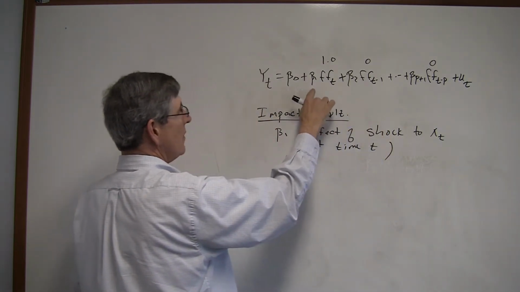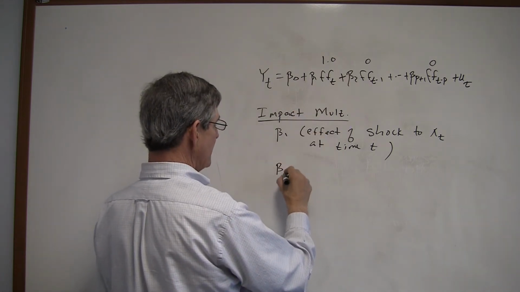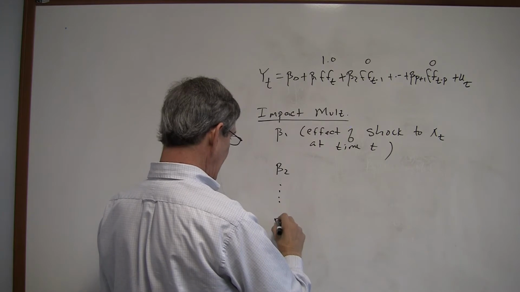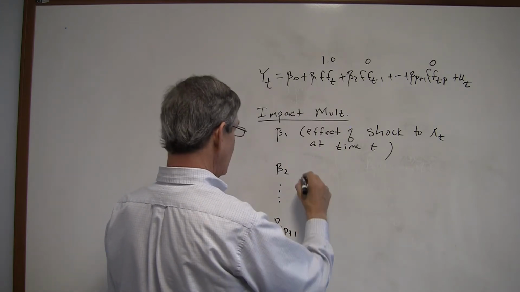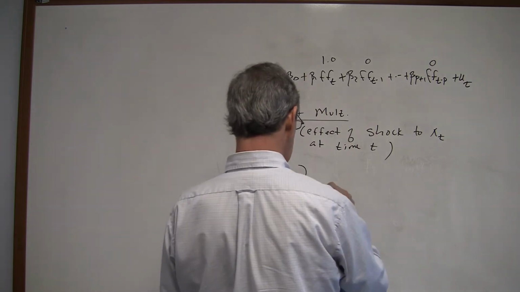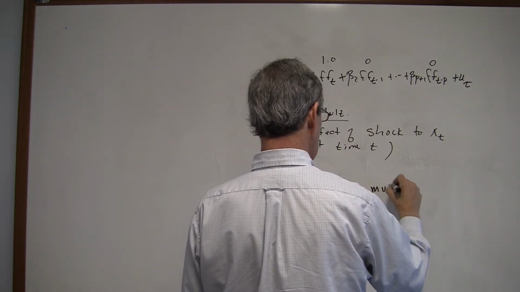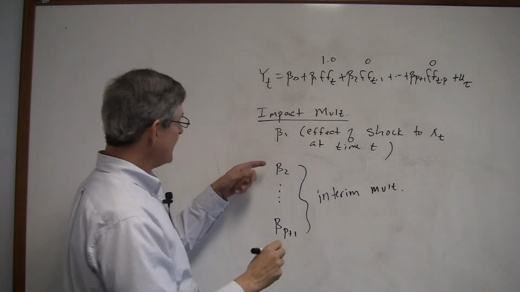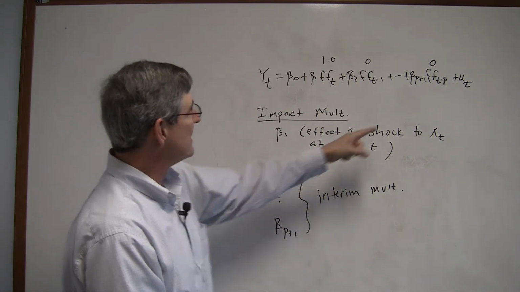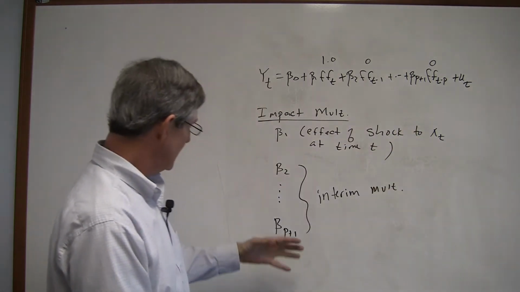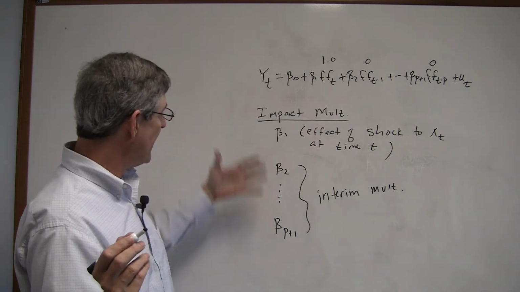So it's just this coefficient here. Then you get what are called beta 2 up to beta p plus 1. These are all called interim multipliers. They give you the effect. This is the effect after 1 period, beta 2. This would be the effect after p periods. After p plus 1 periods, it's gone, it's 0. But this gives you the effect.